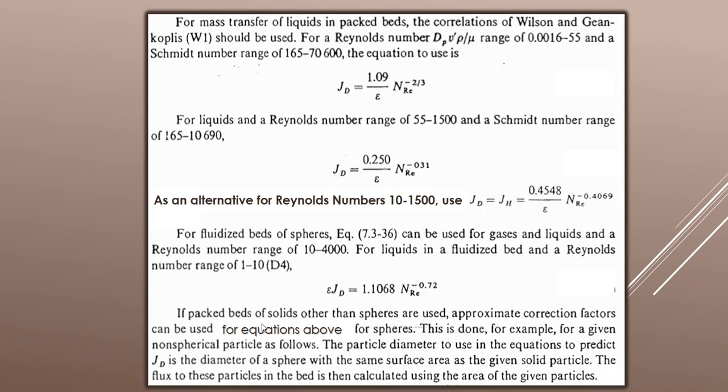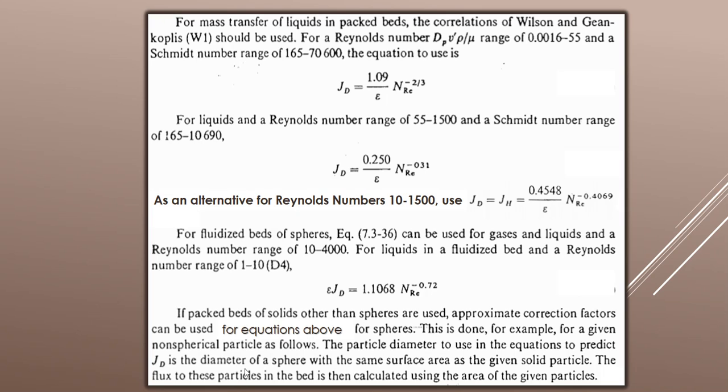If packed beds of solids other than spheres are used, because this one is specific for spheres, approximate correction factors have to be used for the equation above for the spheres, and that particular correction factor has to be stated in the problem.